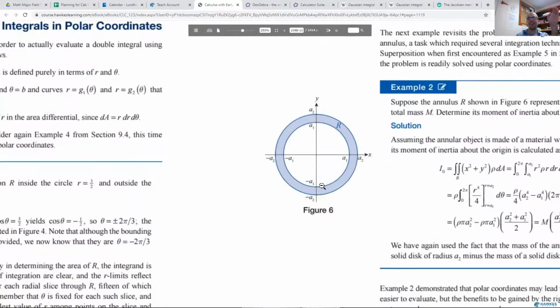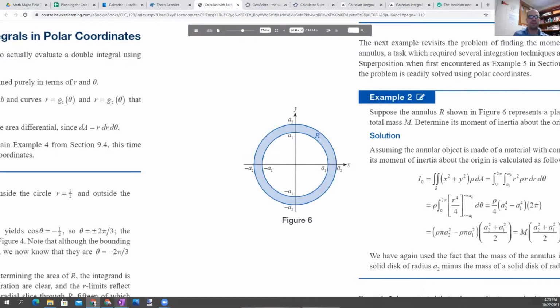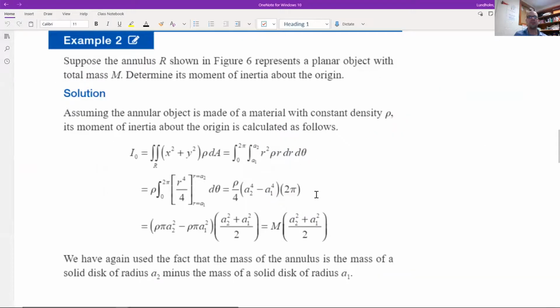There we go. And what's nice about a ring shaped like this is that it's very easily described in polar coordinates because circles are constant functions in polar coordinates. They've got a constant radius. So the reason that we're looking at this one is because it would be easier to determine the moment of inertia using polar coordinates because this thing is more easily described in polar coordinates.